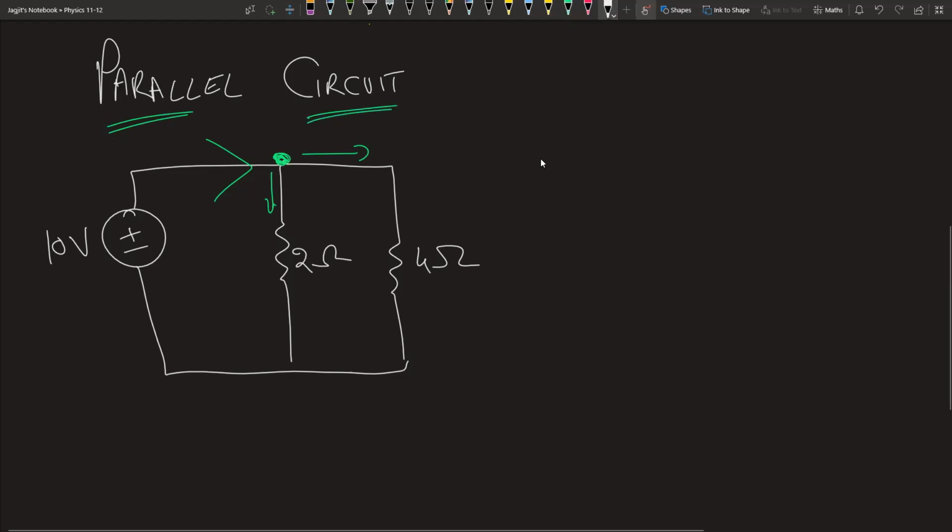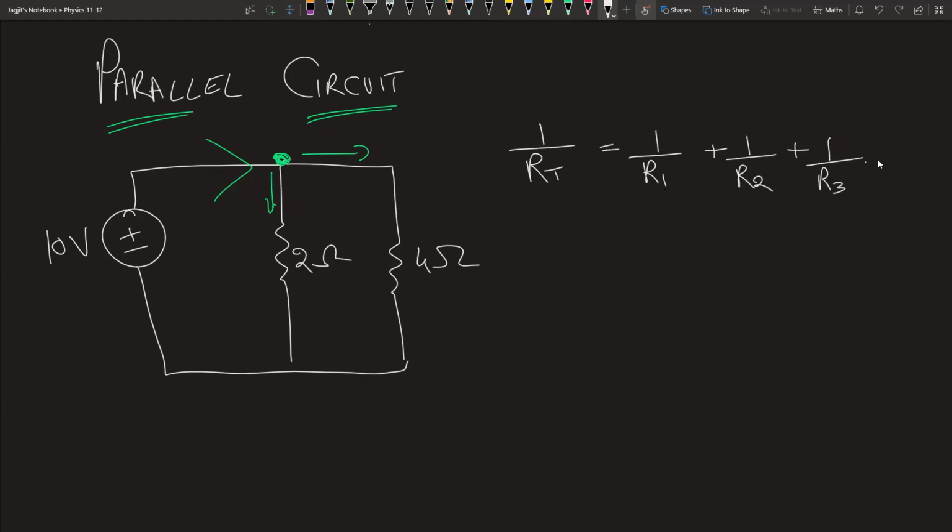And whenever you have a parallel circuit, your resistance total is given by this formula. 1 over resistance total is equal to 1 over R1 plus 1 over R2 plus 1 over R3 dot dot dot. If there's more resistors, you would keep doing 1 over R4 dot dot dot. I like to write it like this.